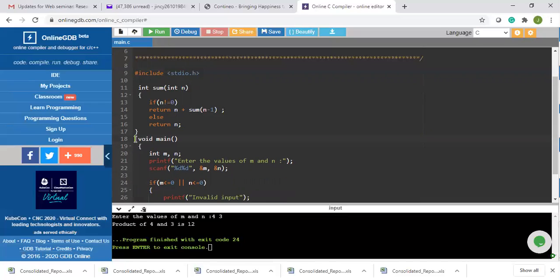Void main. Then we have int. We will be taking it as m and n. n is the result, m is the number. Okay, and we will write it as enter the positive integer.